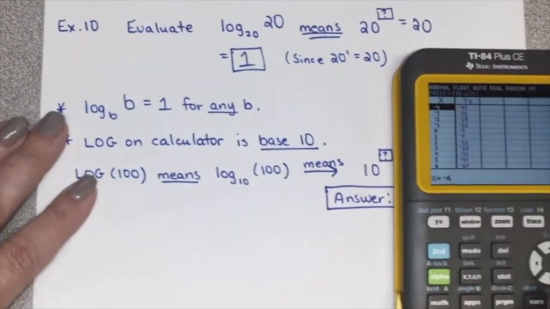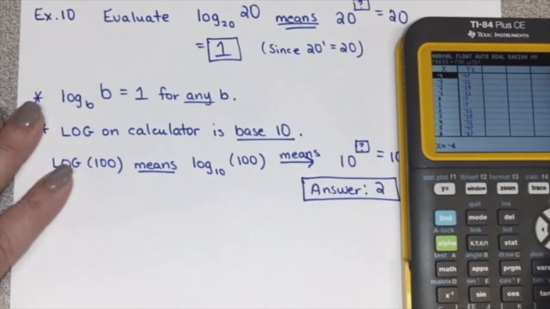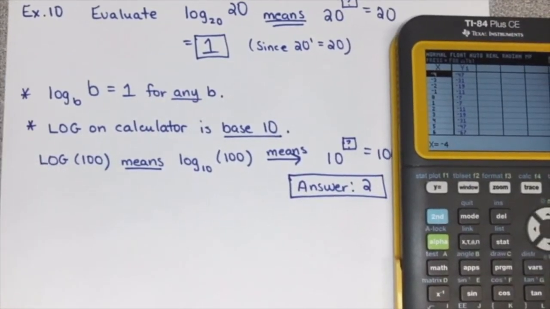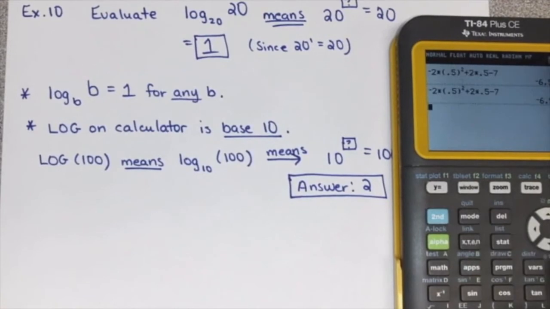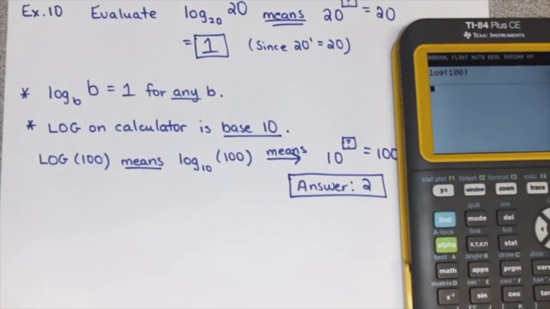Let me get out of the glare here. So we punch this in the calculator. Just do log of 100. Okay, and notice it's going to do what we want because it happens to be base 10. But note the answer's 2, just like we thought.